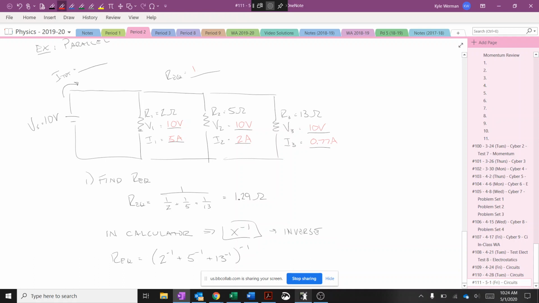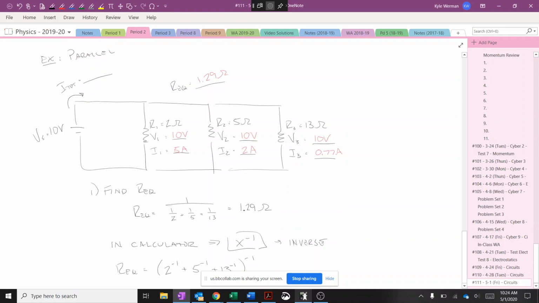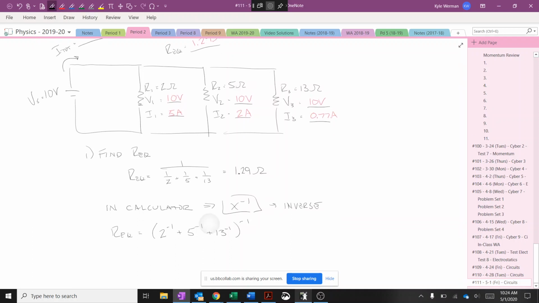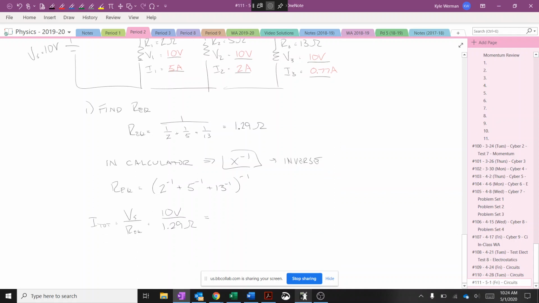So we know 1.29 ohms. I total, we can calculate it now one of multiple ways, right? I total is equal to the supply voltage over the equivalent resistance, which is going to be 10 volts over the 1.29 ohms, and that's going to give me a value.